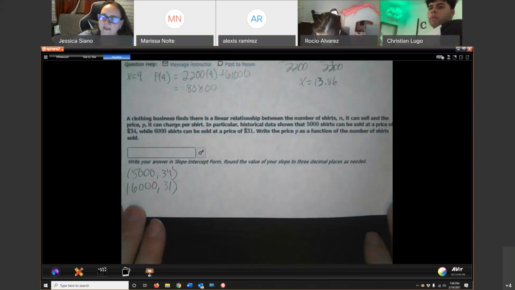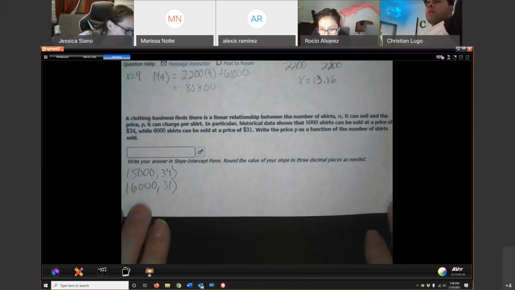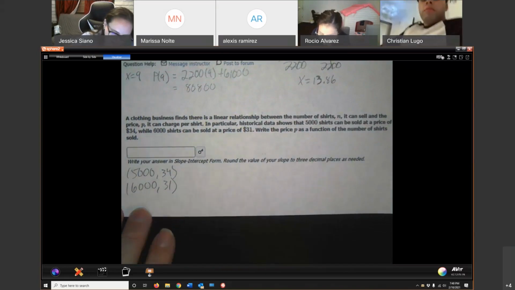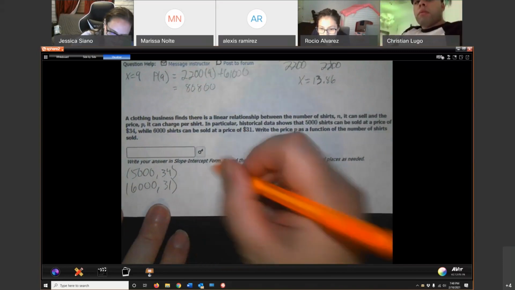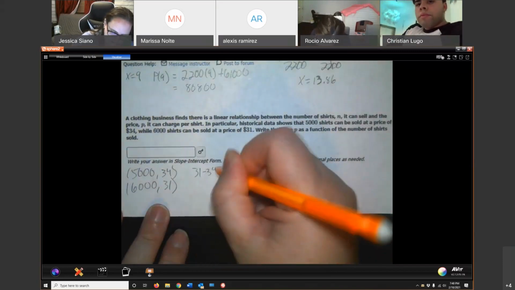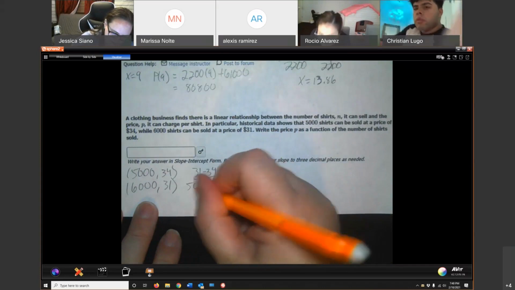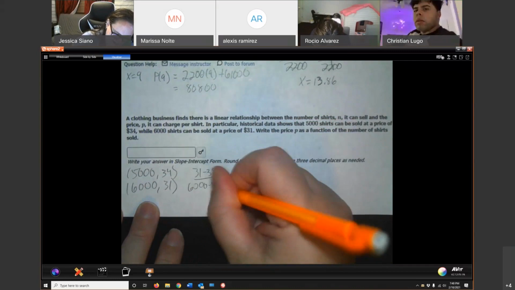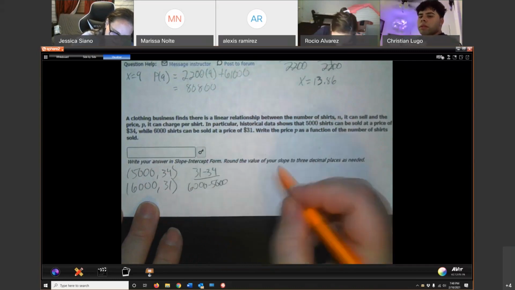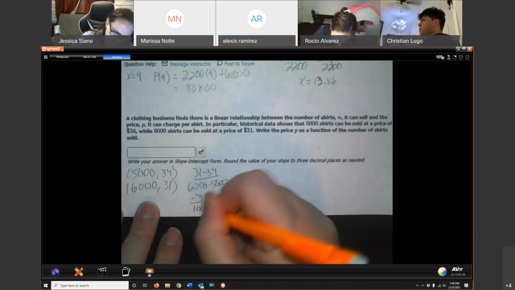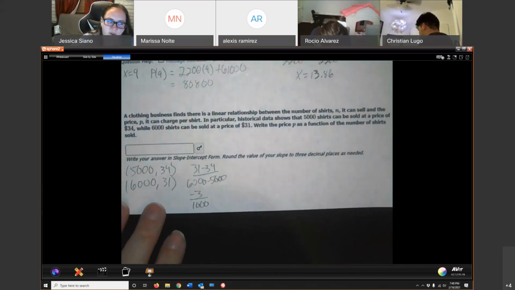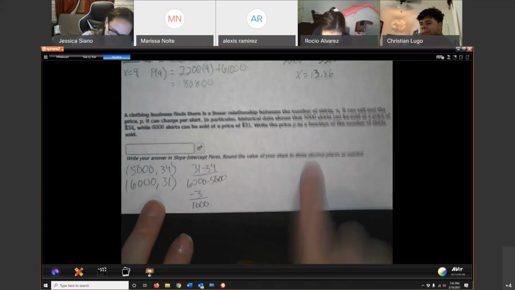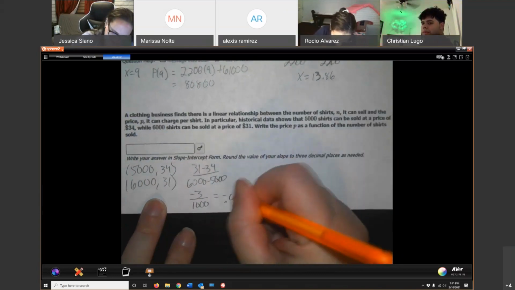And then this essentially becomes the exact same question as the one when we had the table before, where I'm just going to say, okay, so we'll find the slope. 31 minus 34 over 6,000 minus 5,000 would be -3 over 1,000. This time they're asking for decimals, so that's going to be -0.003.